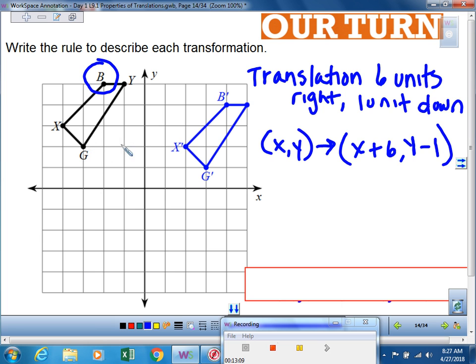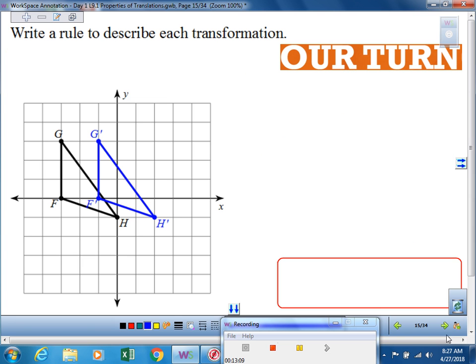I can go 1, 2, 3, 4, 5, 6. It's 1 down. They're all the same. Okay, it doesn't matter which, and then you can put a Y prime right here. It doesn't matter which ordered pair. And after you do one, you would want to verify with another one just to make sure that you counted right, that it is a translation. Okay? All right, let's try another one.